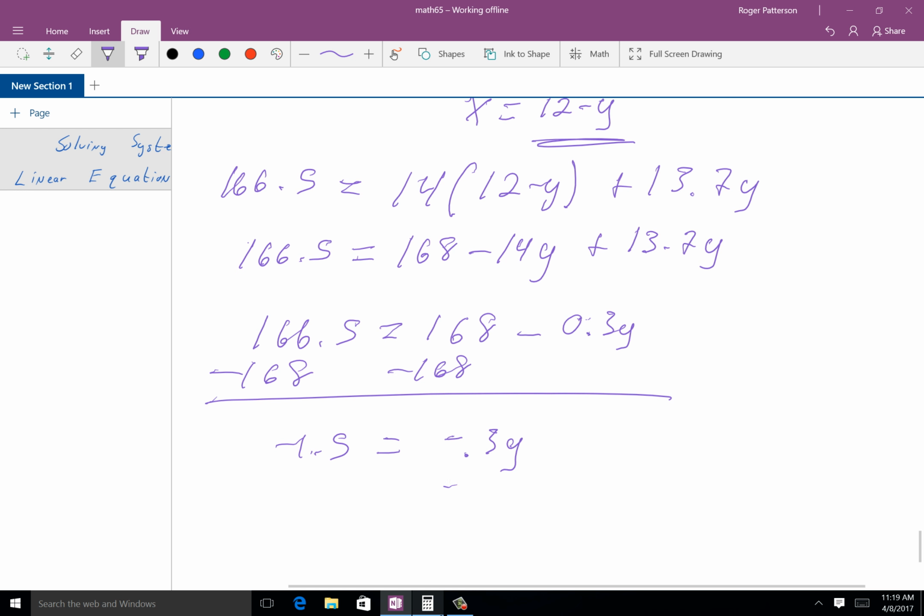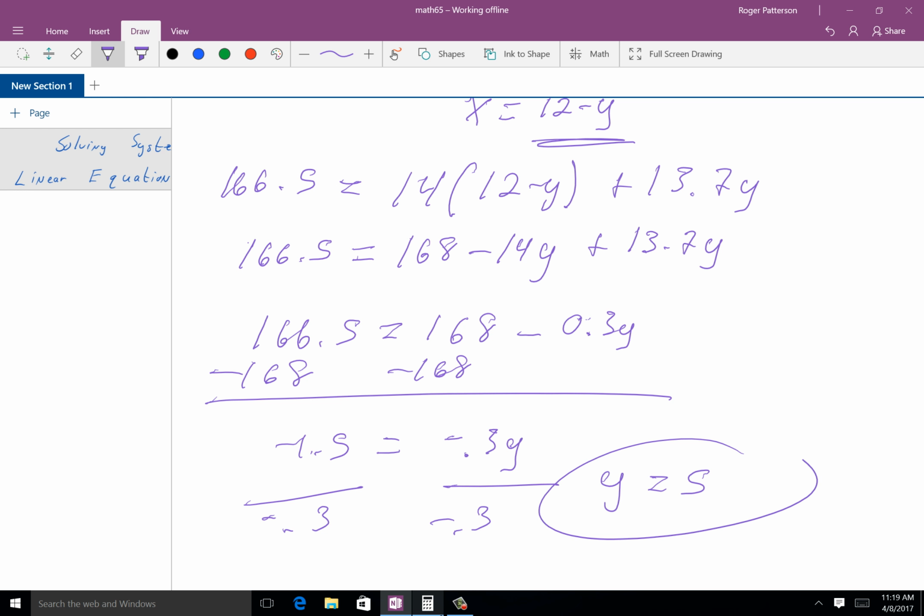Okay, divide. What do we get for y? 5. All these messy numbers and we get 5. Okay, that's because they made the problem up and I didn't.